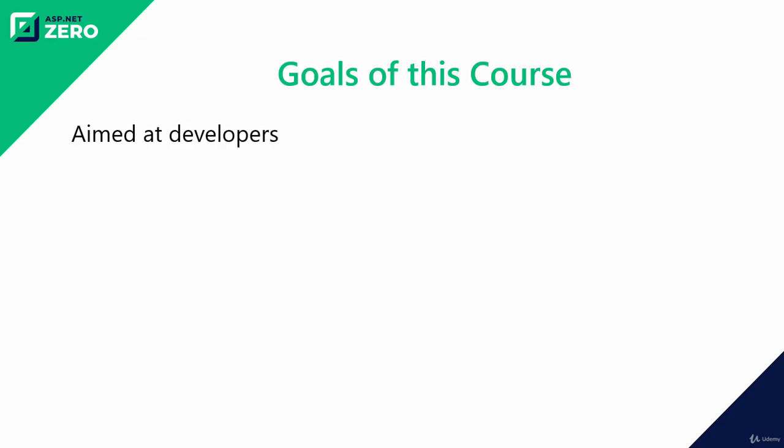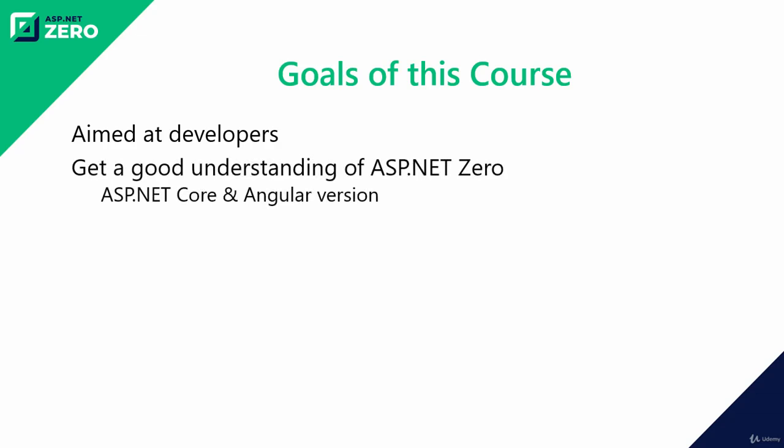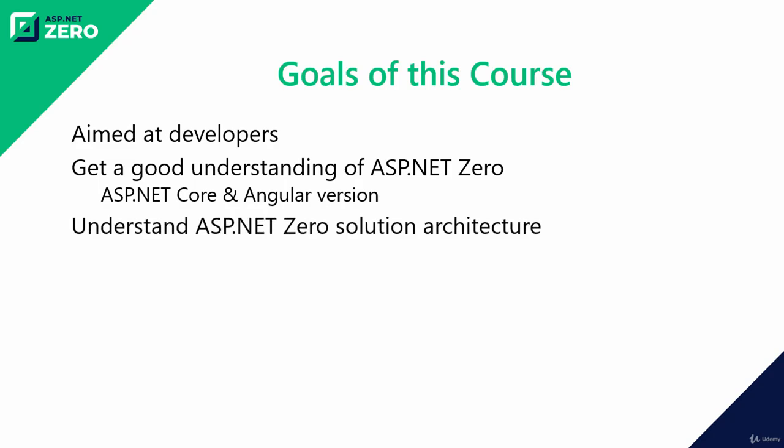While up until now, you haven't looked at any code, that will soon change. The target audience for this course is therefore clearly developers. By the end of this tutorial, you as a developer will have a clear understanding of what ASP.NET Zero can mean for you. You'll understand what is in the box and also, maybe even more important, what is not included. We'll explore together the architecture used by ASP.NET Zero.